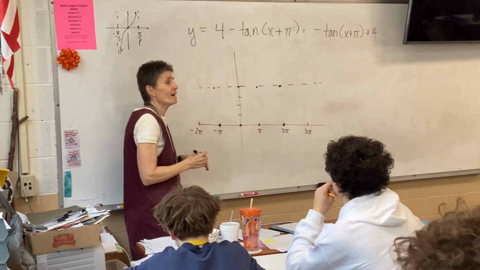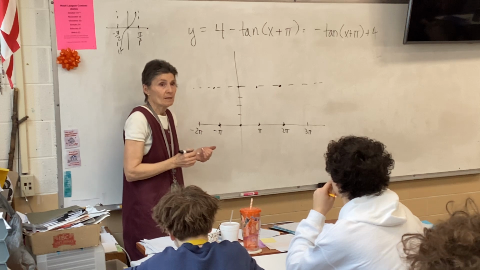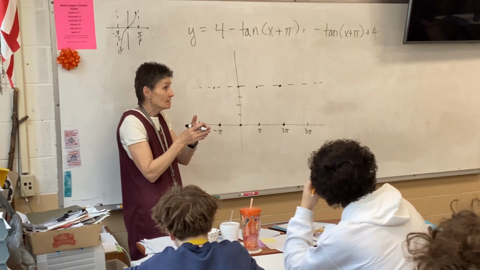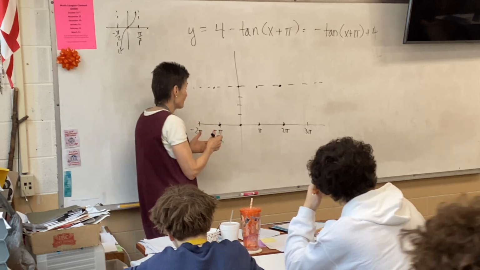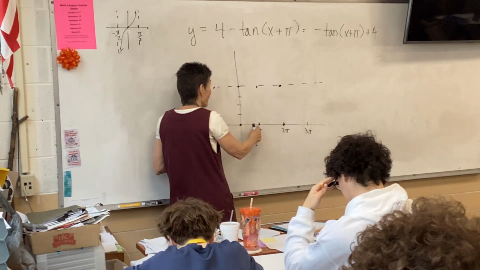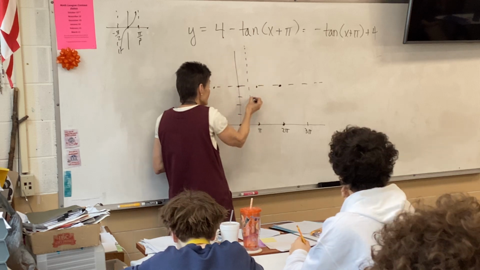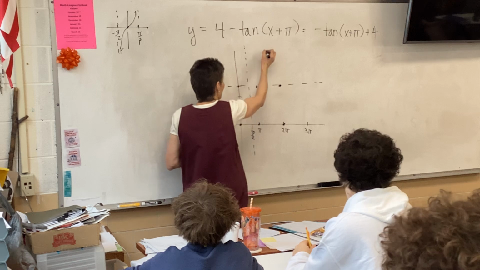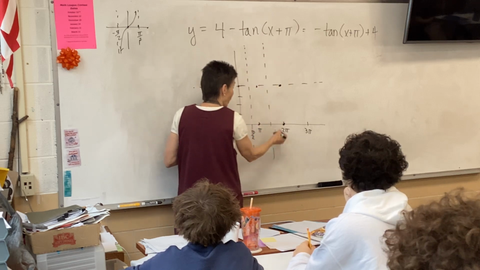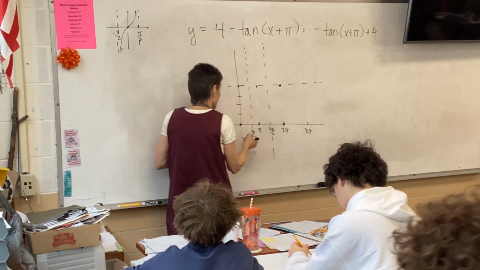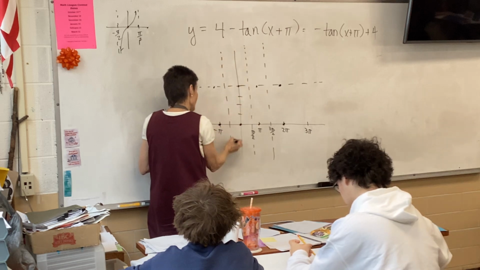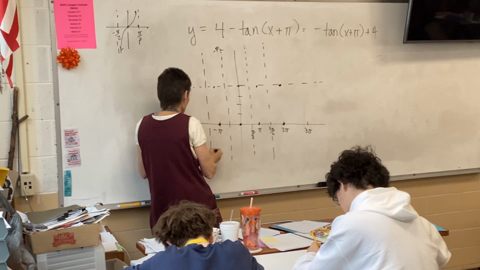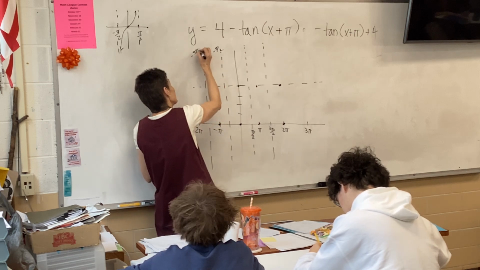Now, where are my asymptotes? They are always halfway between the dots. So if there's a dot at 0 and pi, isn't there going to be an asymptote at pi over 2? And 3 pi over 2, or 1.5, and negative pi over 2, and negative however many periods we're drawing.